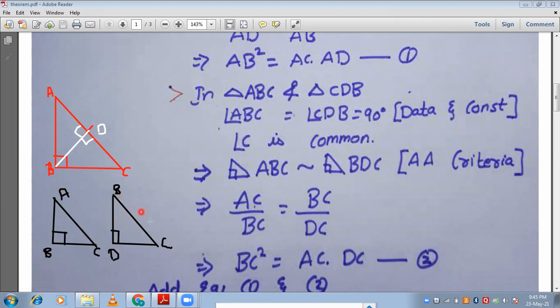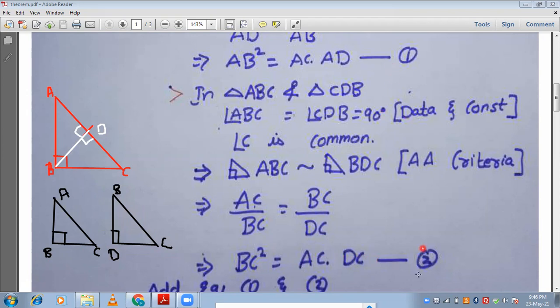AC corresponds to BC. AC by BC is equal to BC by DC, since BC corresponds to DC. Cross multiply, and you will get BC square is equal to AC into DC. Call this equation 2.